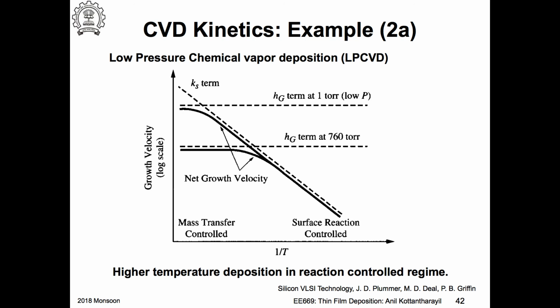So, you will have to have a very good design for the transport. The chamber or the furnace has to be designed properly, so that you ensure uniform gas transport, reactant transport to the substrate surface.